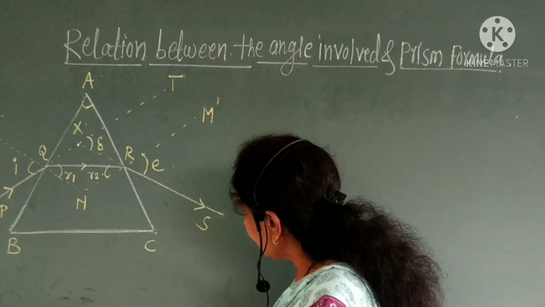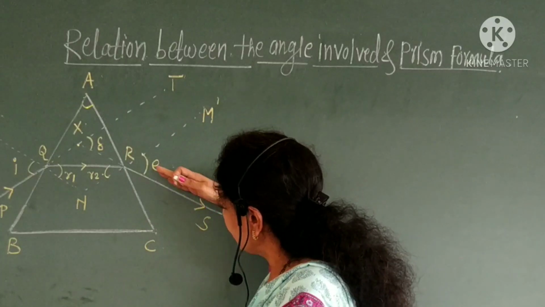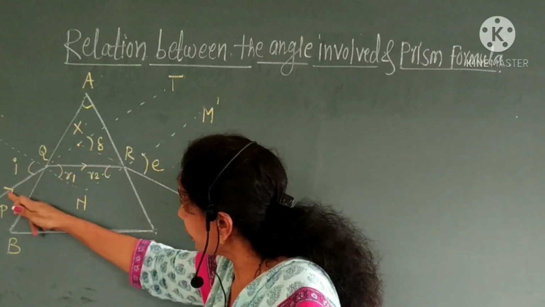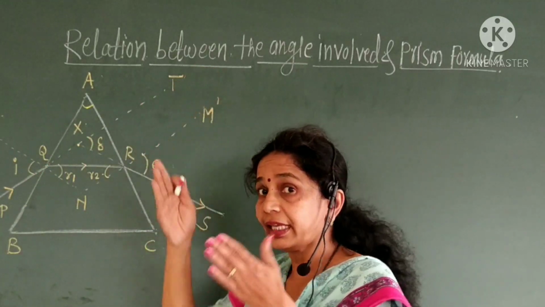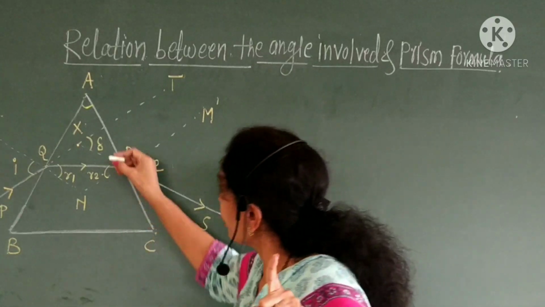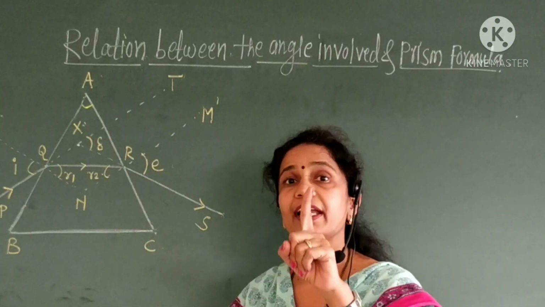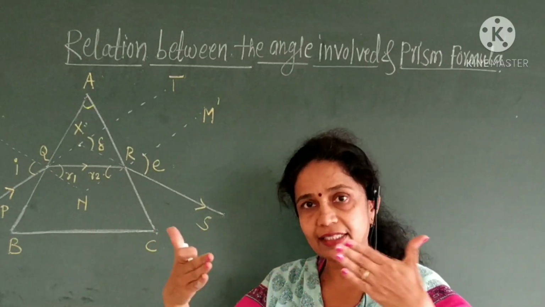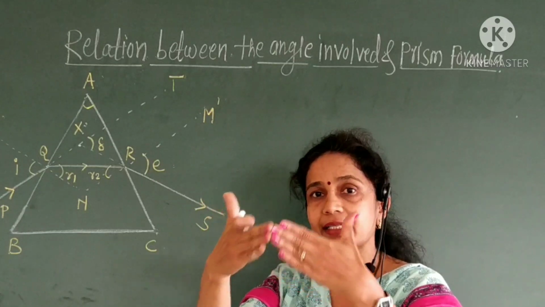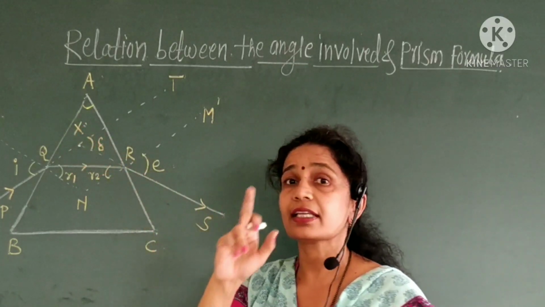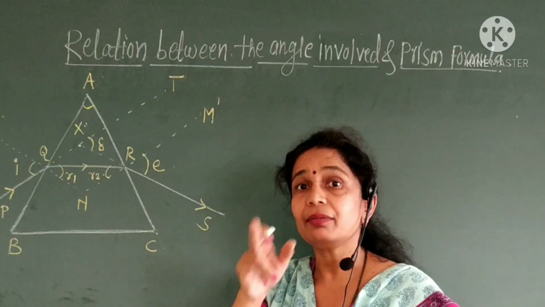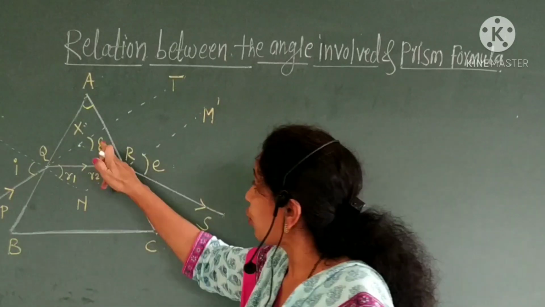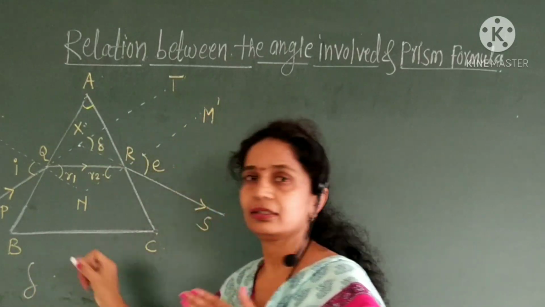Okay. Then, if we extend the emergent ray, see this, and the incident ray, they meet at a single point, called point X. The angle between the emergent ray and the incident ray is called delta.